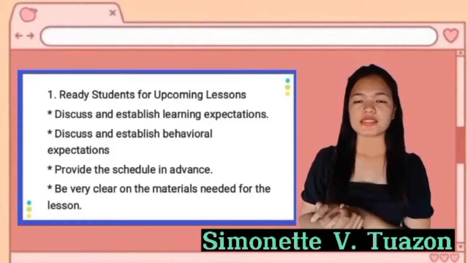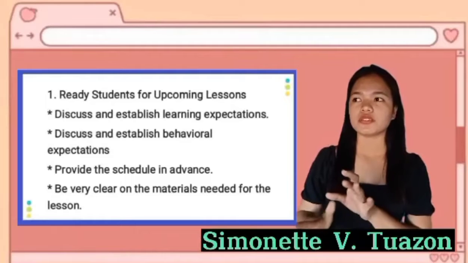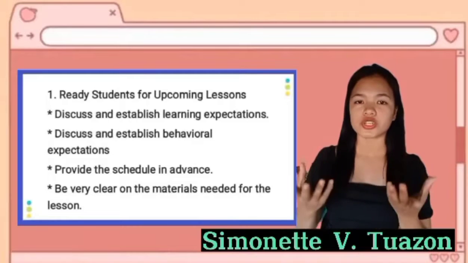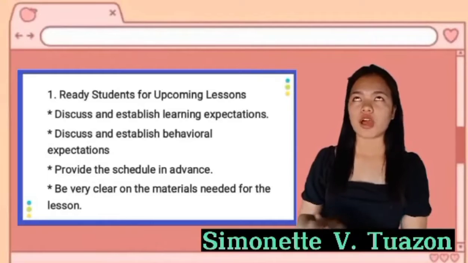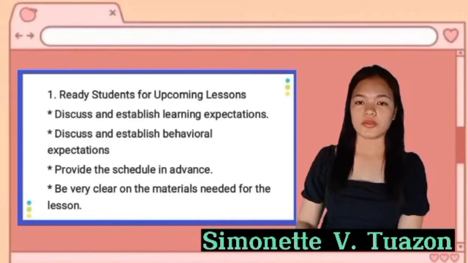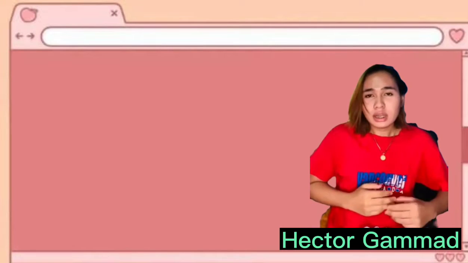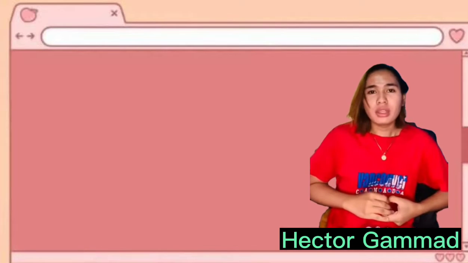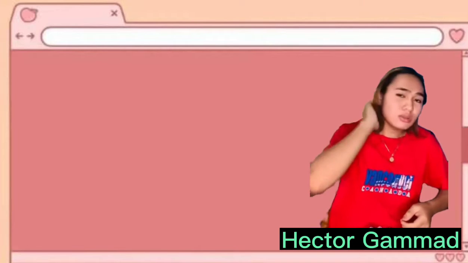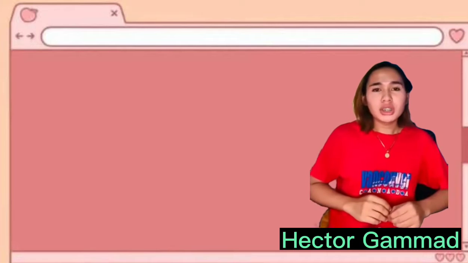So for instance, today we will read a short story and identify new vocabulary words in the story. And for today's discussion, I will just share some ideas about how to adopt teaching strategies for students with special needs.